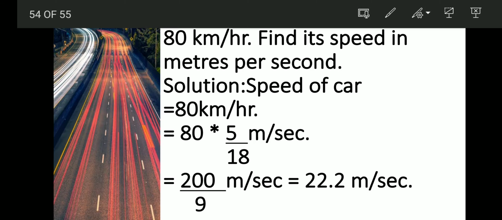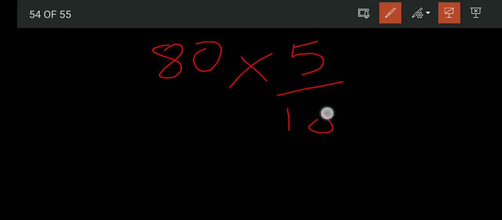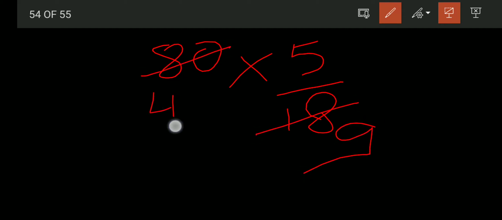Let us see. This is 80 kilometer per hour. We are converting it into meter per second. So we'll multiply by 5 by 18. Now let us cancel this. 2 9s are 18. 2 40s are 80.